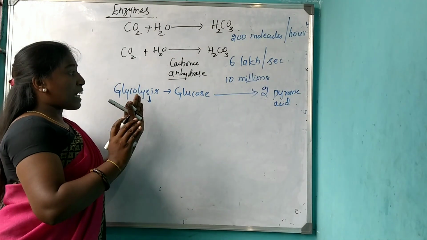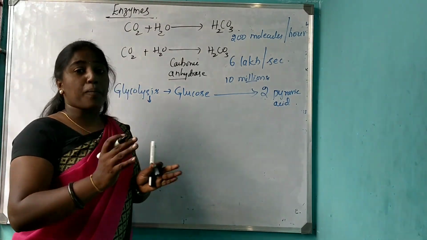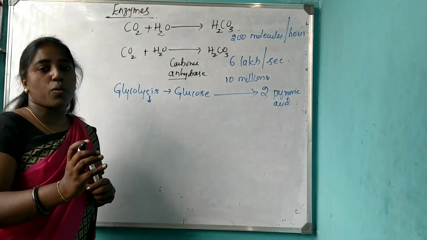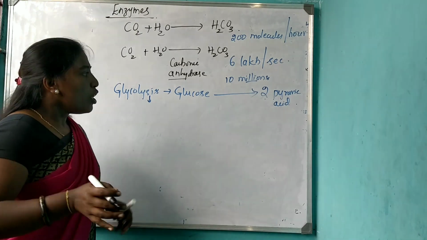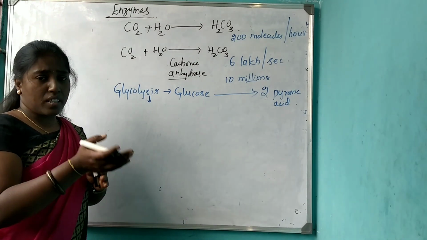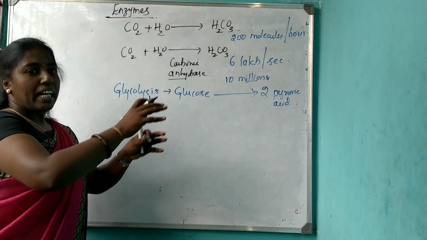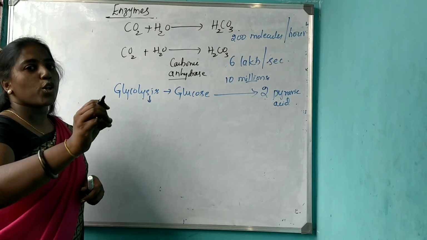This conversion requires nearly 10 steps, and each step is catalyzed by an enzyme. When 1 or 2 extra steps are added along with the 10 steps, it produces a new product.